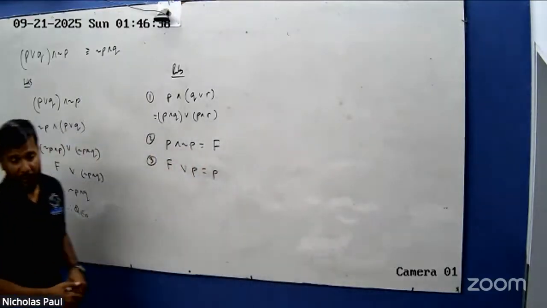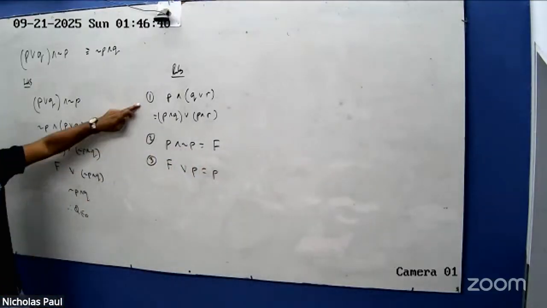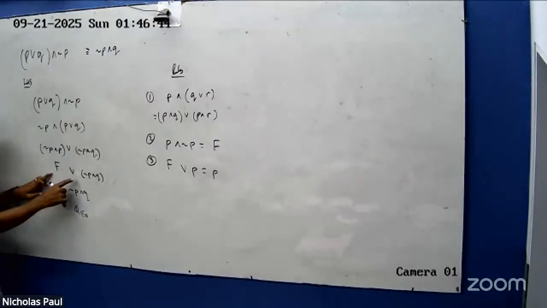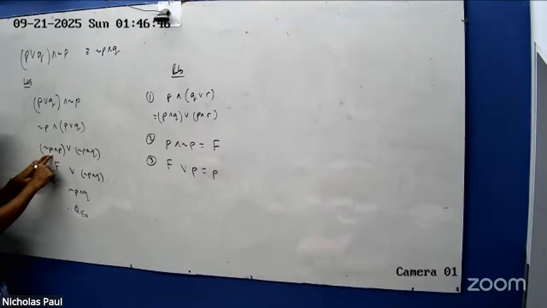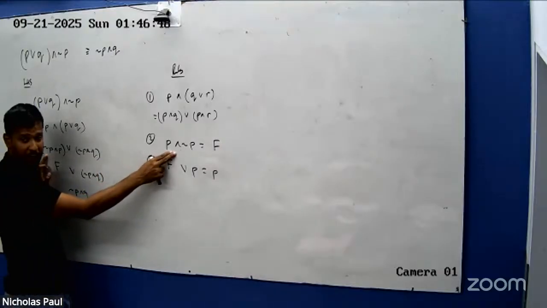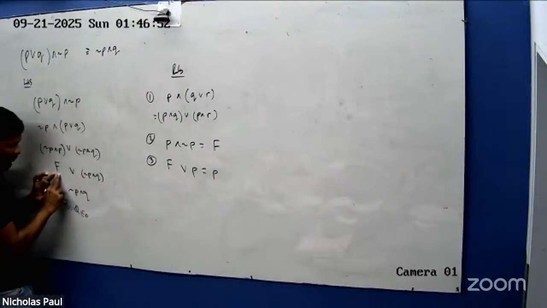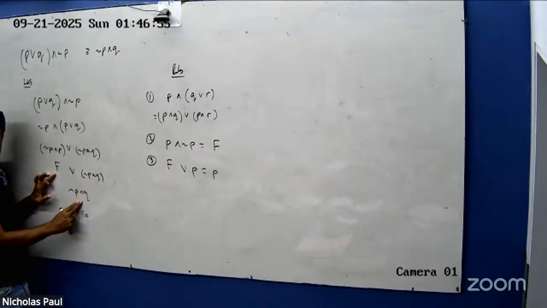I use the distributive law here to expand it out, and then I use negation of P and P, this law here, to get false. And then I use false or anything to get this. That's okay?